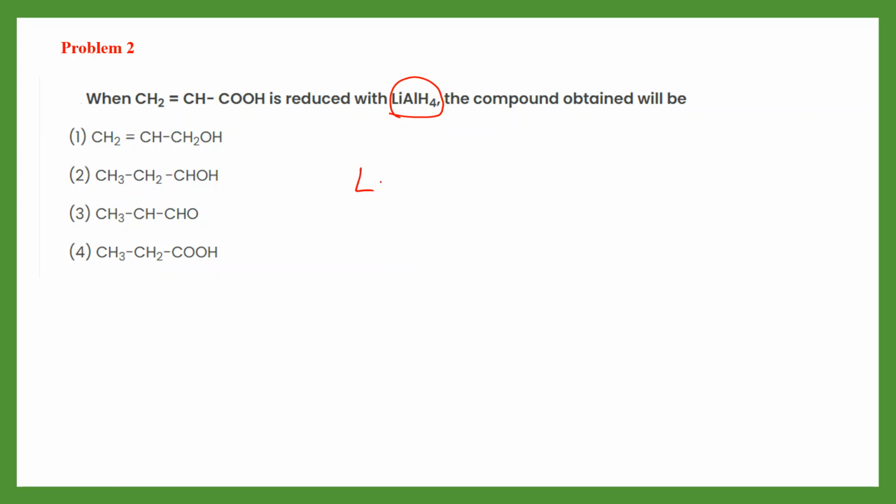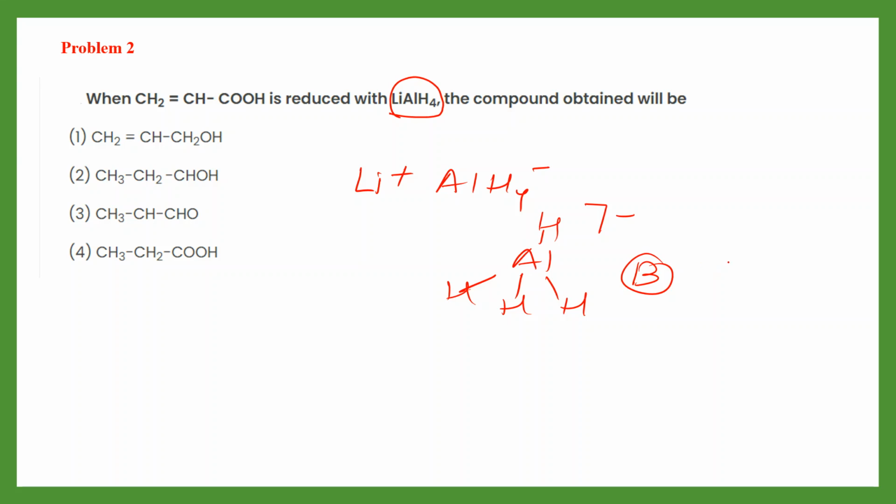See, if we break LiAlH4, it will become like this. Let me explain from basics. This is your AlH4 negative. We know aluminium is from which family? Boron family. Boron is happy forming only three bonds, so anyhow it wants to become three. Let's say we have a carbonyl.